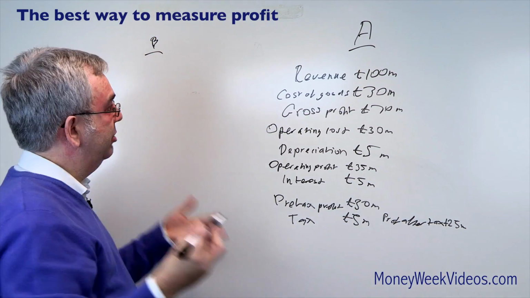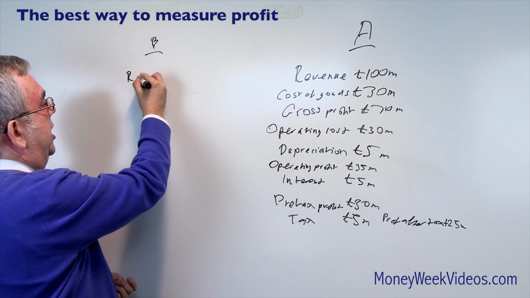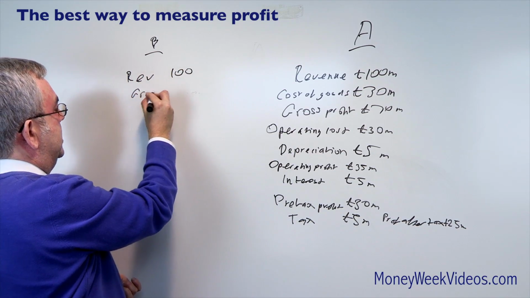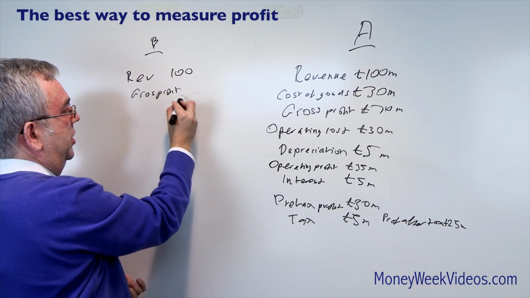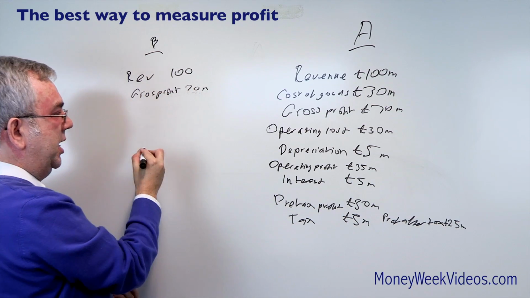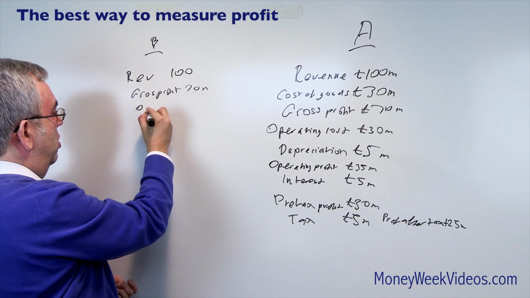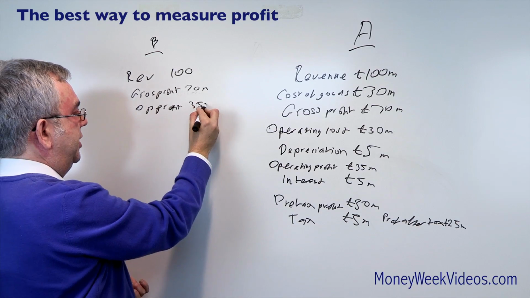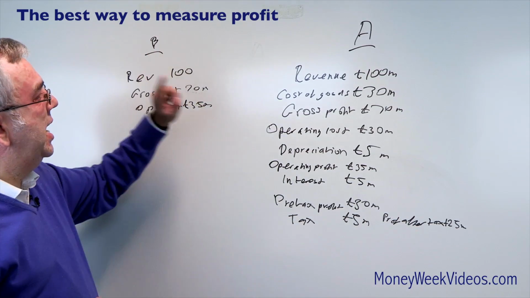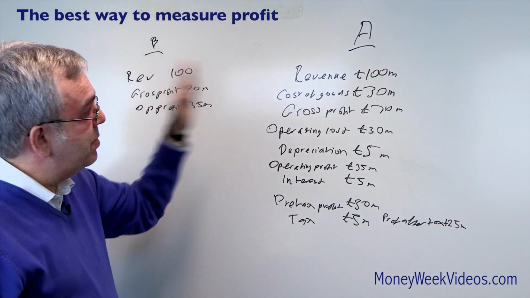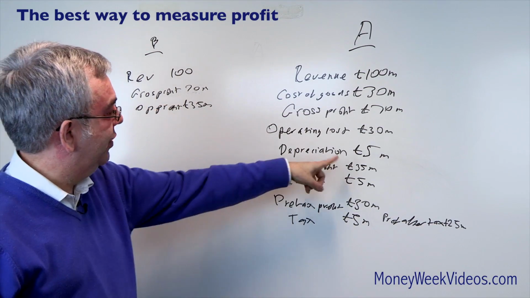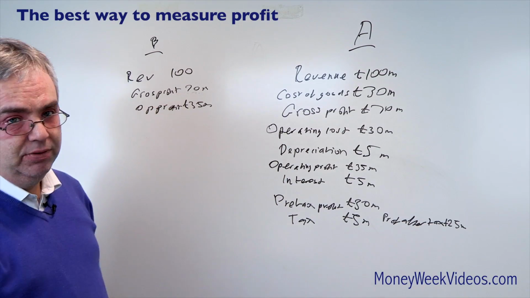And it's also in the tables business. And so it's got the revenue of 100 million and the gross profit of 70 million, and then we get the operating profit of 35 million. So Company A and Company B, they're both making tables and they're both ending up with exactly the same operating profit of 35 million pounds each.